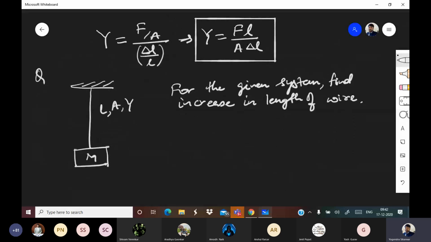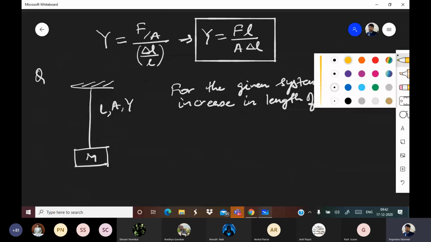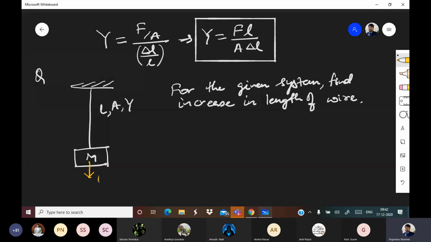So let me solve this because it is not a difficult question. Mg is acting downward, tension is acting upward, so T minus Mg is equal to 0. So T comes out to be Mg.